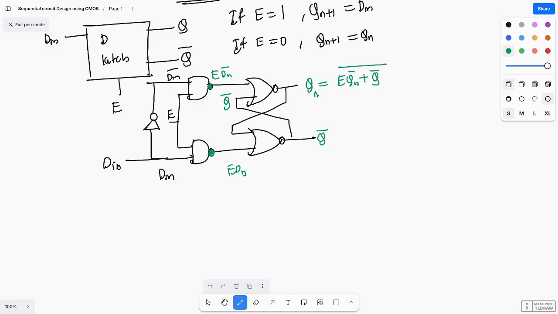Next state is Qn plus 1. Qn is the present state; let us take Q bar as the present state. So what is Qn plus 1 bar?